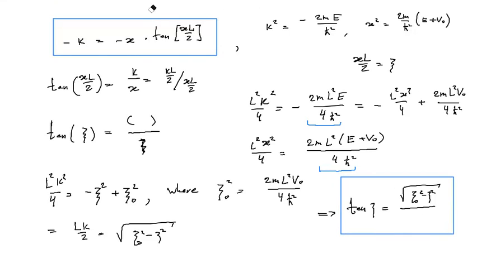We can analyze this. Oops, wrong color. By analyzing, we can conclude something about solutions. I'm not going to jump into analyzing it right now. I want first to come back and do the same for the anti-symmetric part.